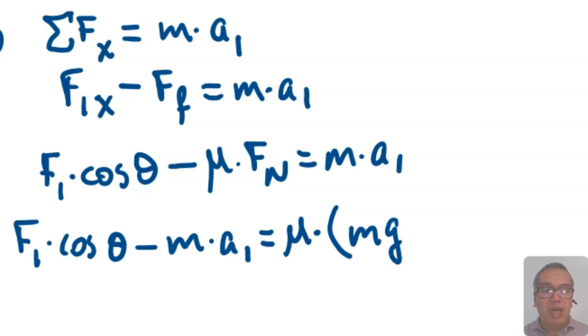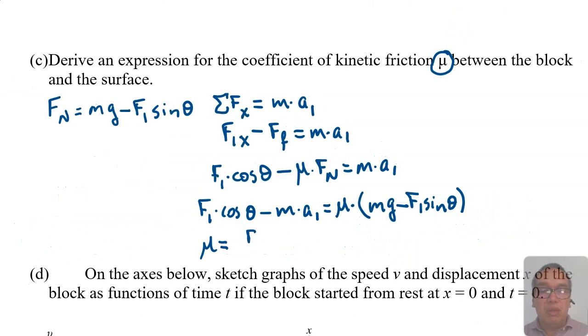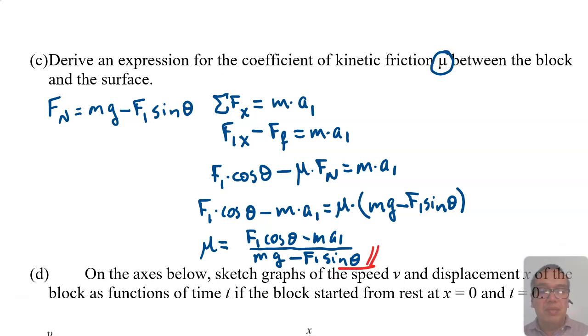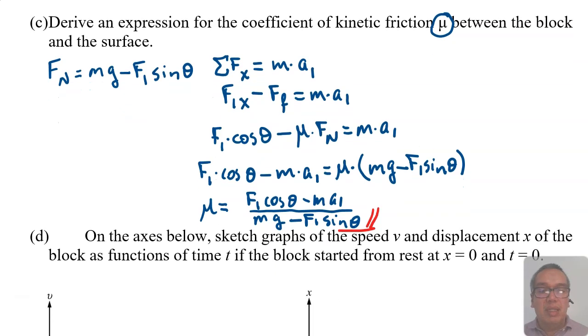So you substitute it by mg minus F1 sine of theta, and so the mu that you are looking for is equal to F1 cosine of theta minus mass a1, all of it divided by mg minus F1 sine of theta. And that is the answer that you were looking for. It only has the list of approved variables: mass, F1, acceleration 1, and the angle.